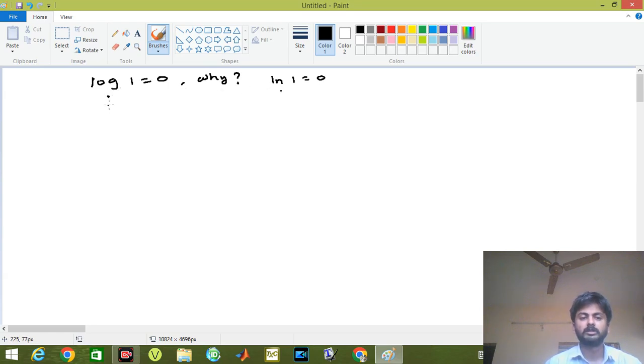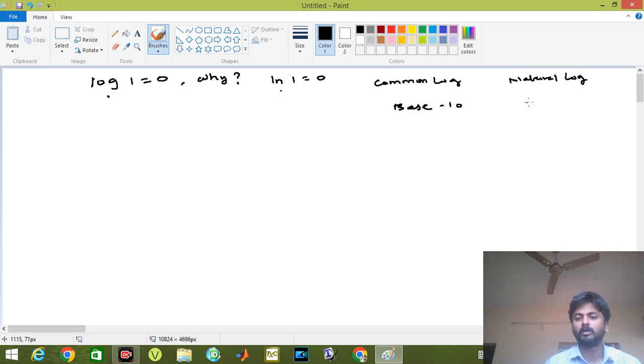Okay. See, there are two terms in logarithm. One is common log and another one is natural log. In common log, we will have base as 10.